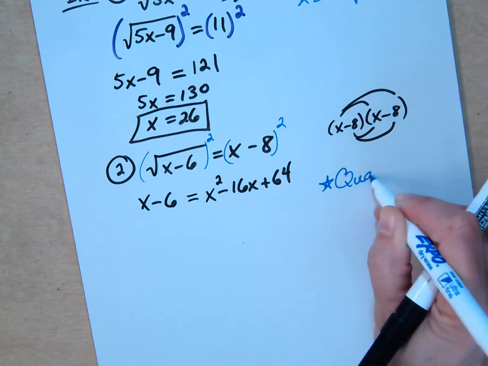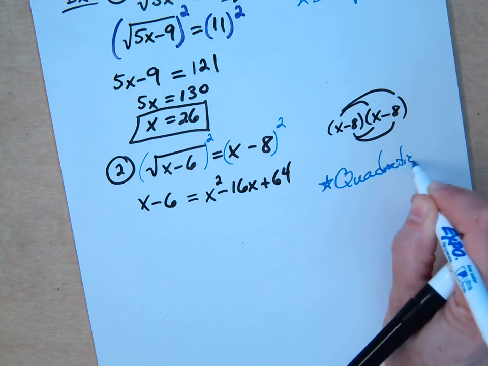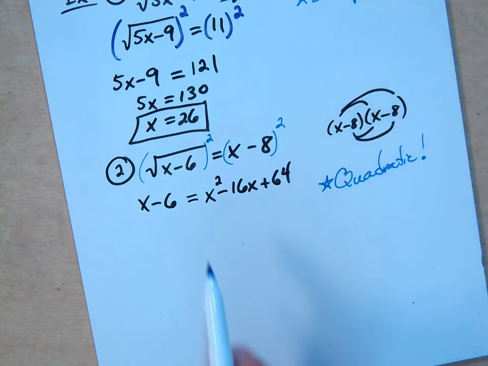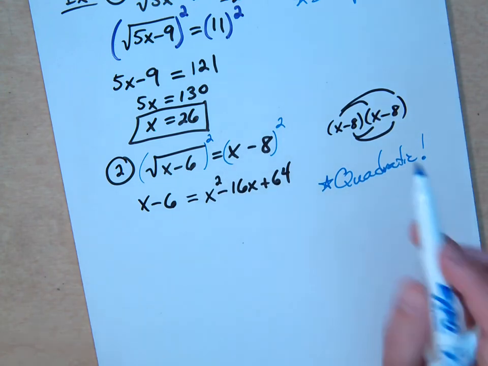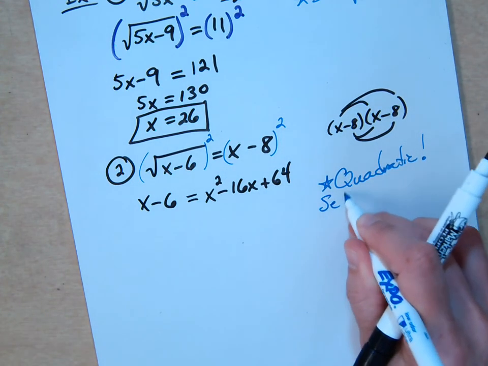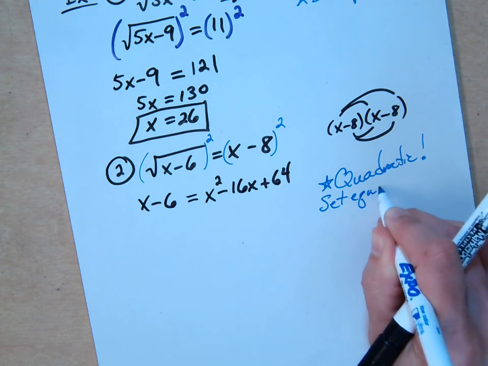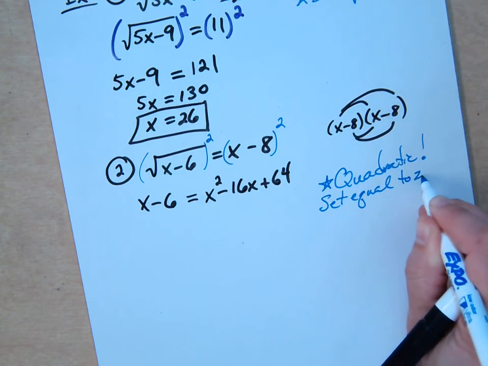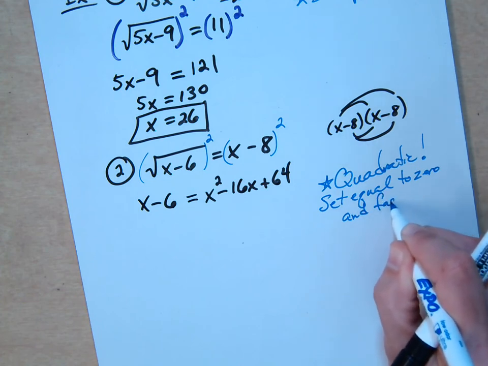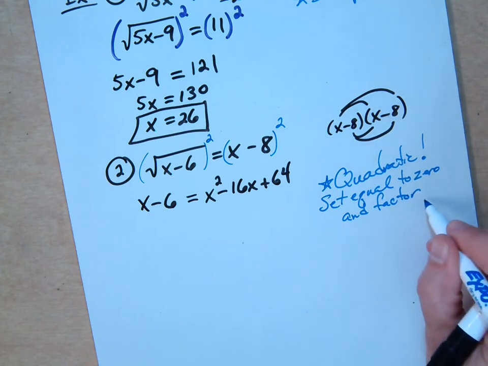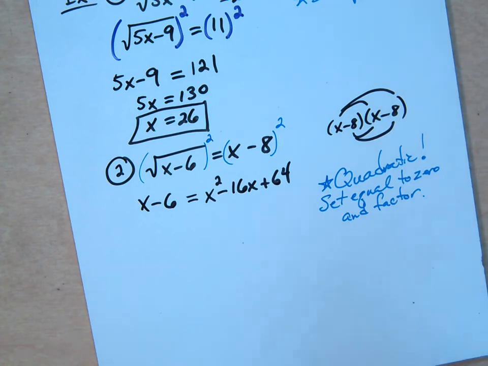So to review, when you have a quadratic with x squared and x in it, you will never get x alone. You have to set equal to 0, and factor, and use the zero product property. Set equal to 0 and factor.